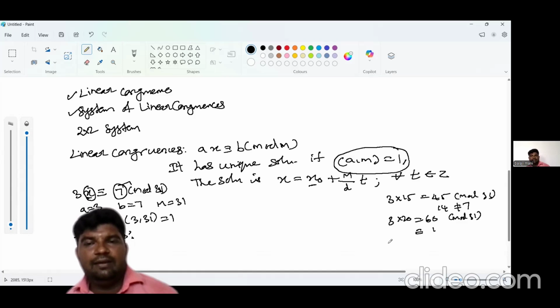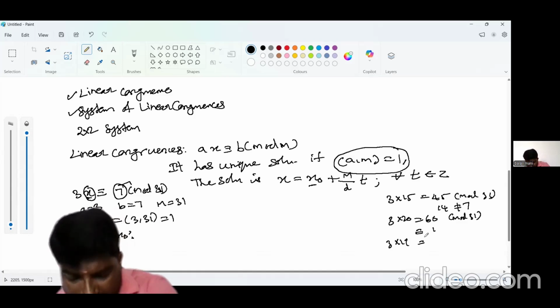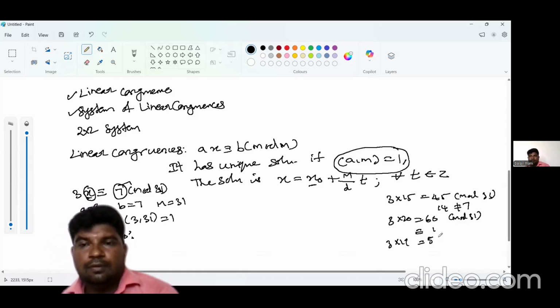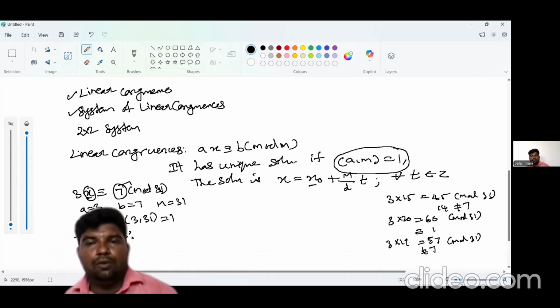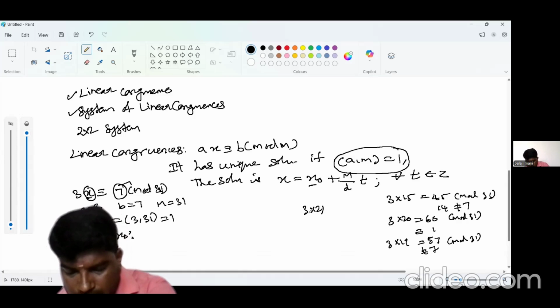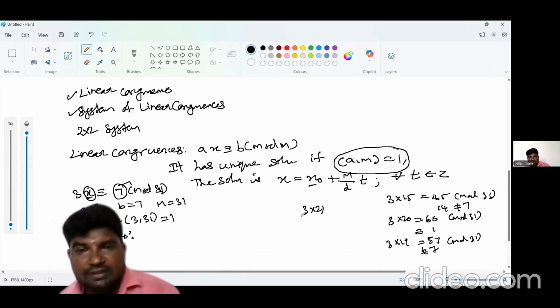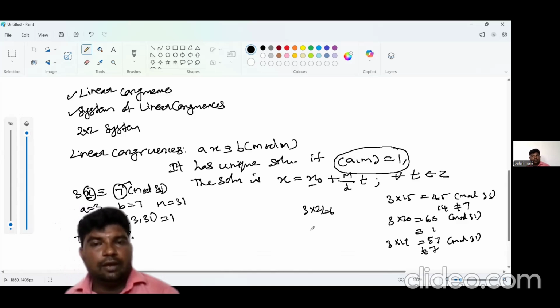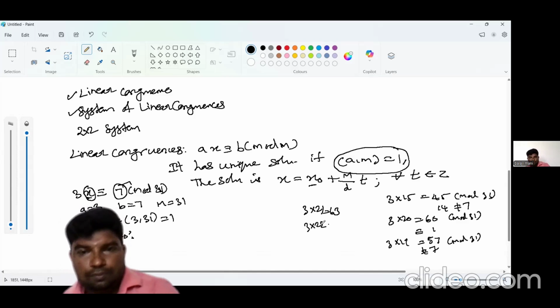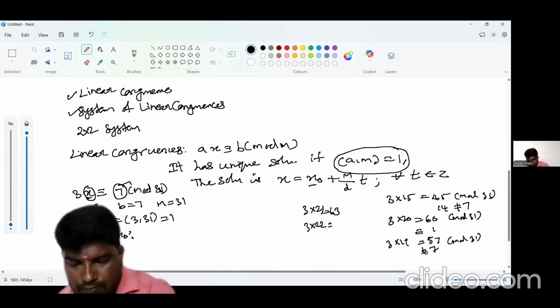Okay, moving above 20. 3 into 21 is 63, which is not possible. 3 into 22 is 66.